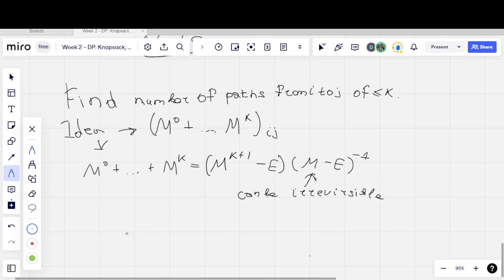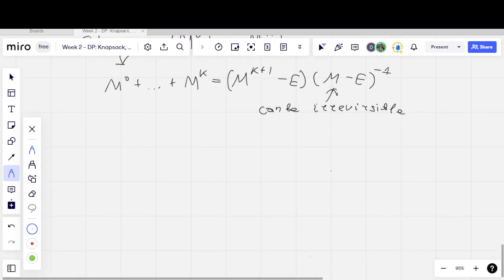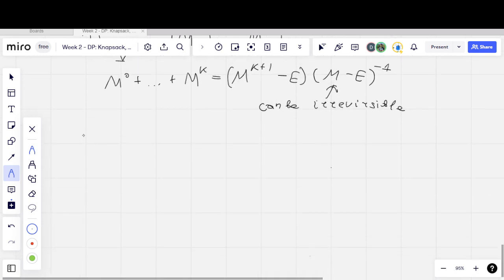So how to solve this task? I suggest you solve this task like in the previous tasks.